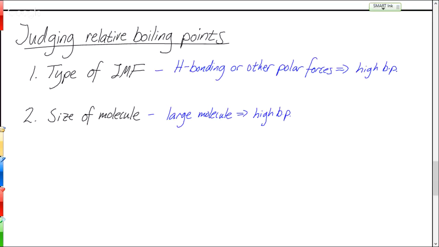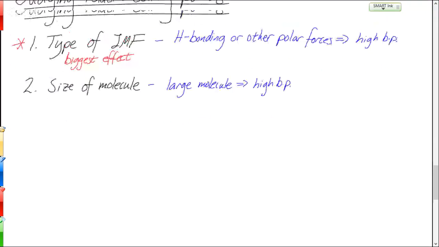So let's make a little star here that this is the most important. This has the biggest effect on the boiling point, not the size of the molecule. We only look at the size of the molecule if the types of forces are the same. Okay. So let's look at some examples from the book here of judging different boiling points.